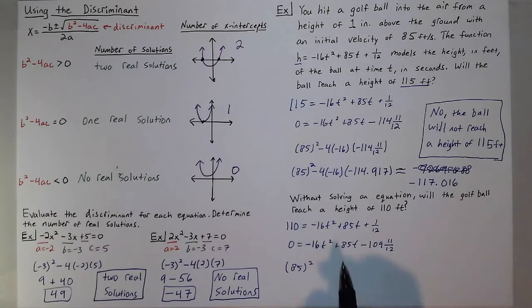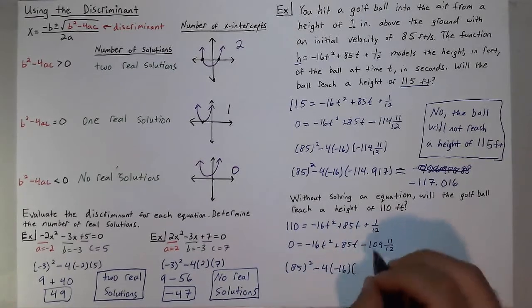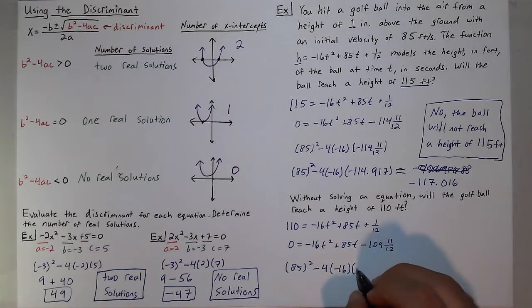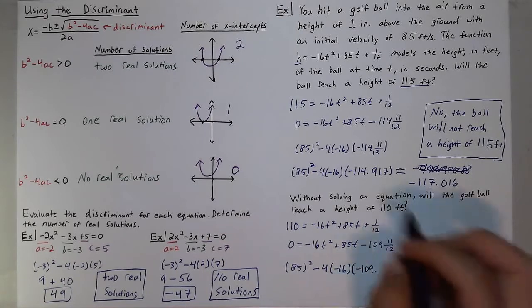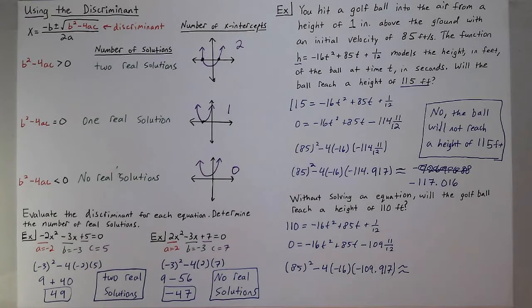But now let's try this one down here. We have 85 squared minus 4 times a, which is negative 16, times negative 109 and 11/12, which is negative 109.917, as we figured out earlier, which would be approximately 202.984.